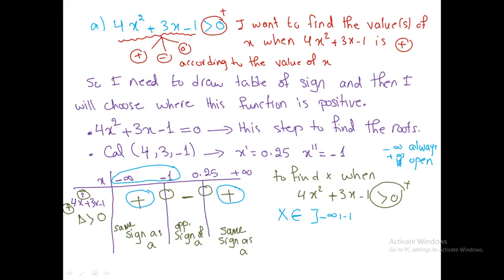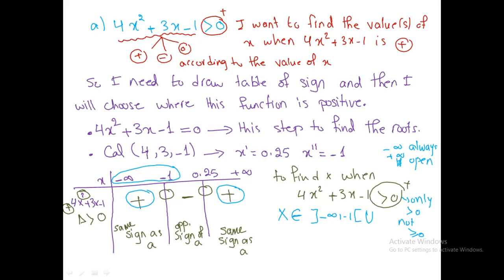At minus 1, f of x is 0, but we have only greater than 0, not greater than or equal to 0. So at minus 1 we put open interval, union.